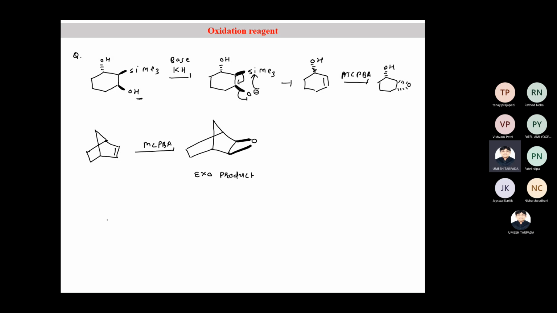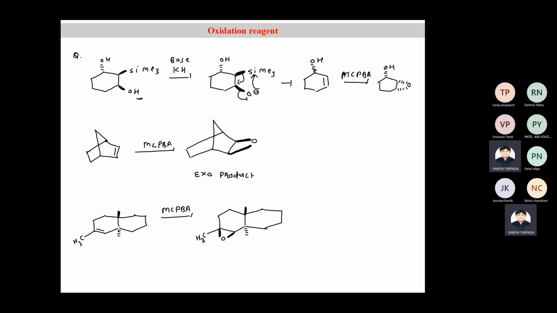If you have this type of compound with two groups, one methyl group at the back and one at the front, and a double bond here, then epoxidation takes place on the side of this group.